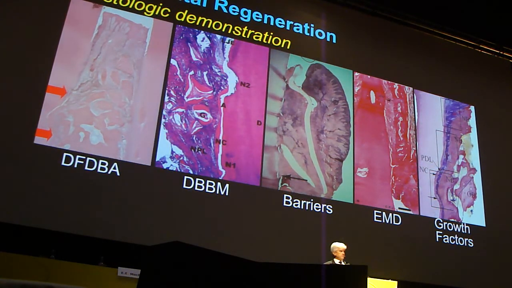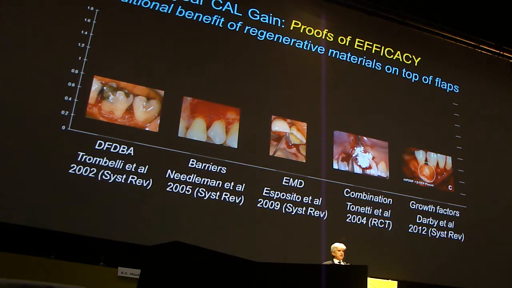We have histologic demonstrations, Eli already talked about that, supporting the properties of these materials. And we have science showing the additional benefit of these regenerative materials on top of flap alone.